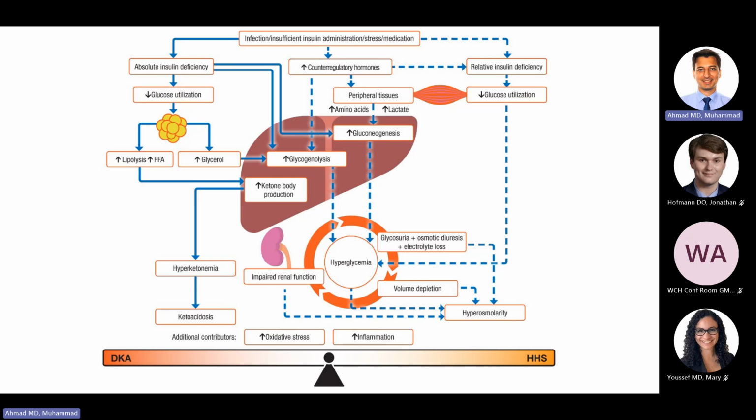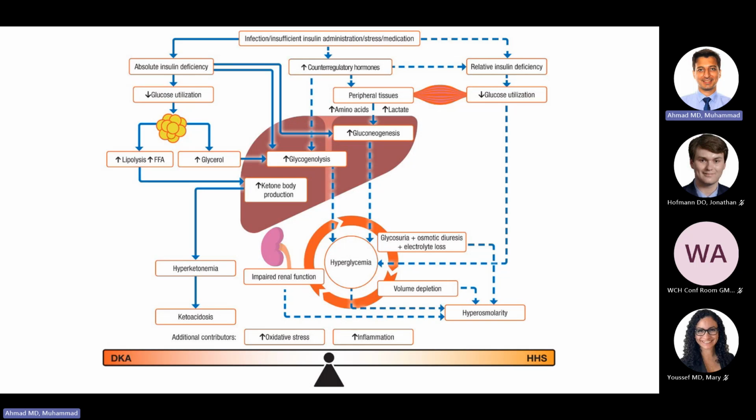So all these conditions lead to an absolute increase in the counter-regulatory hormones, which are mainly growth hormone, epinephrine, and cortisol, which promote a lot of gluconeogenesis and a lot of lipolysis. And at the same time, we have the insulin deficiency.